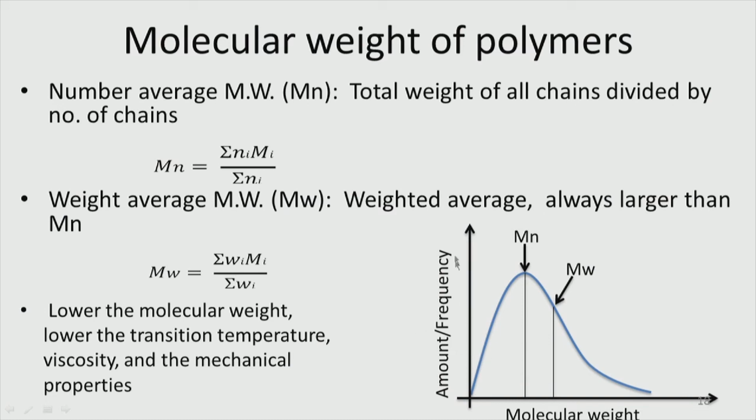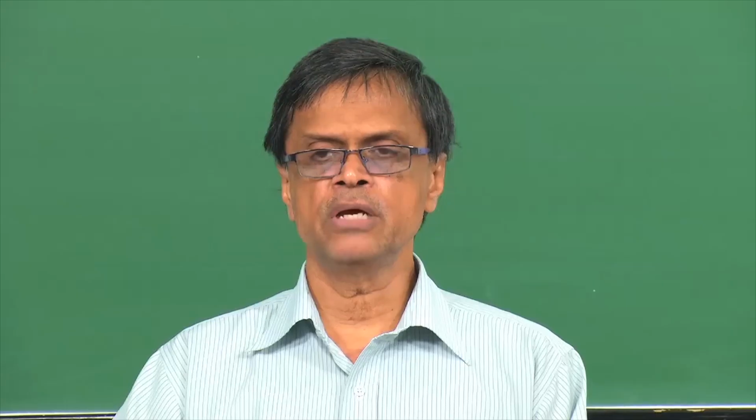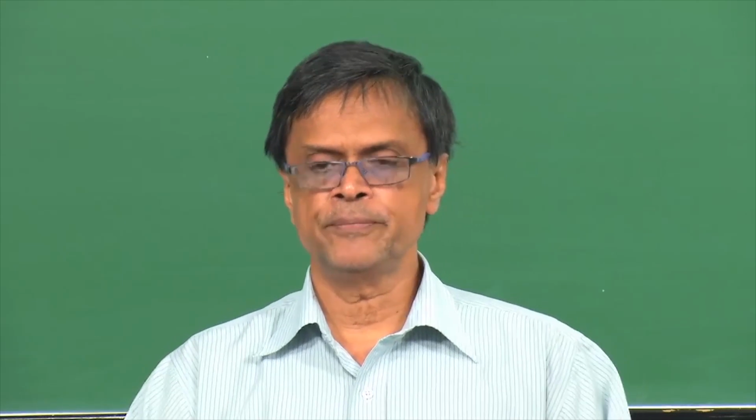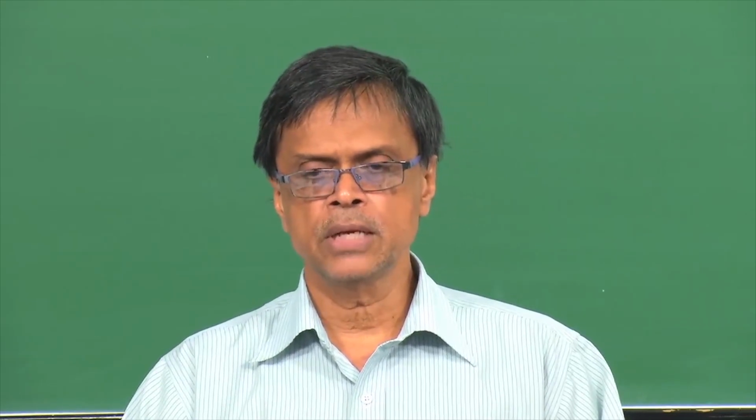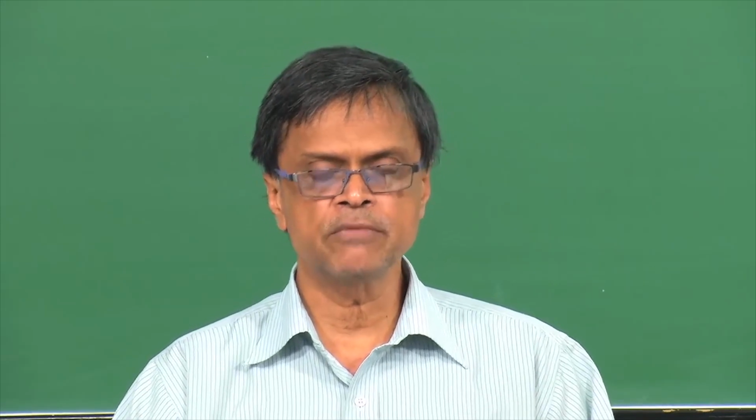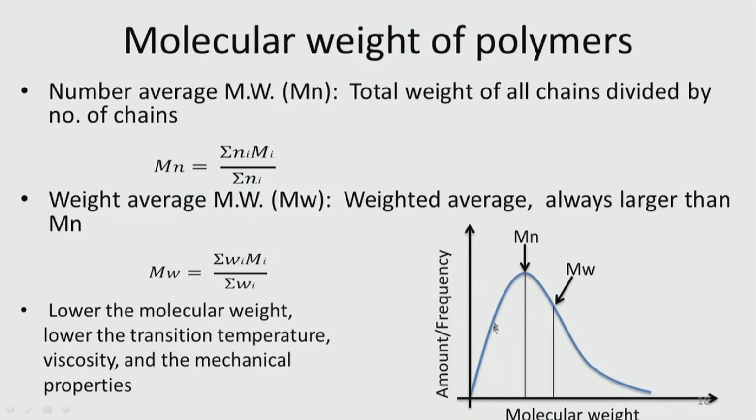Suppose you have, because polymers will have a mixture of molecular weights, that is a mixture of lengths. There could be some chain lengths smaller, some longer, some of them very long. So, it will theoretically follow not exactly a Gaussian distribution, but this sort of distribution.